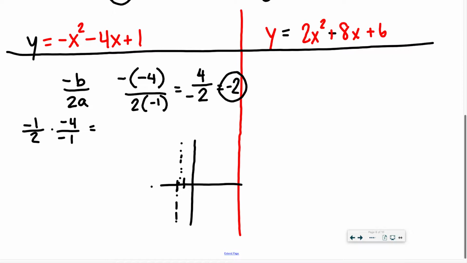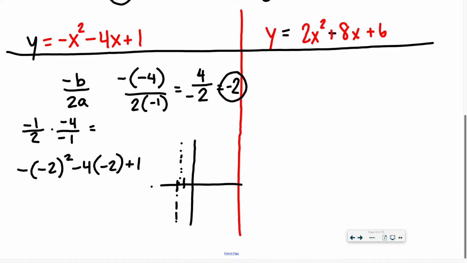I can substitute a -2 for x. For that first term, what do I calculate first? The exponent. -2 squared is what? 4. Then what do I do? Multiply by -1.